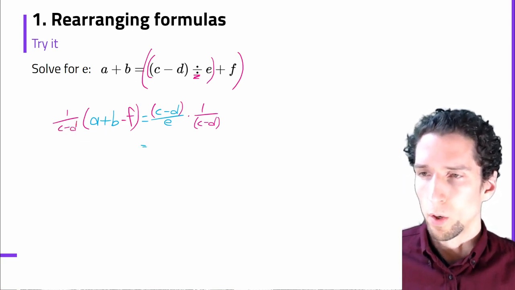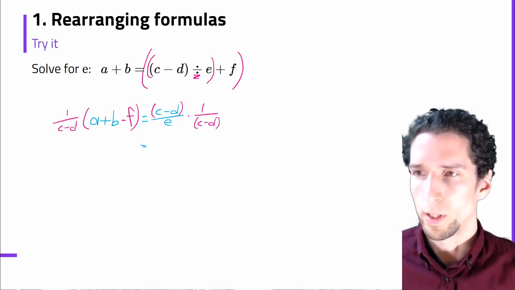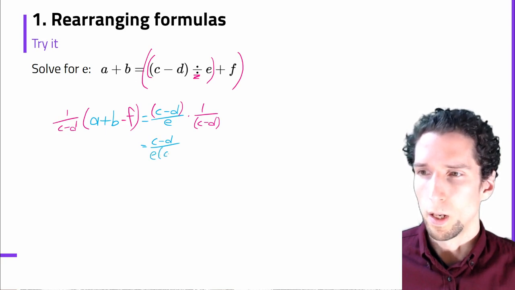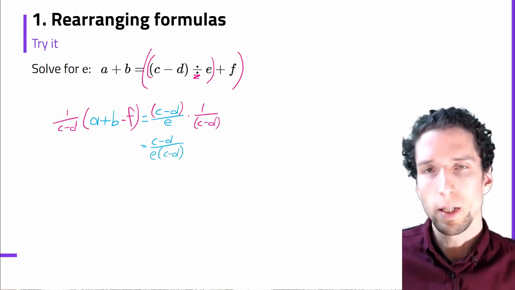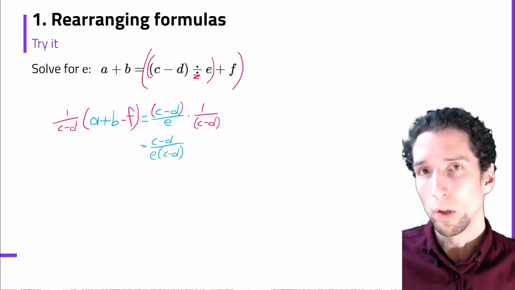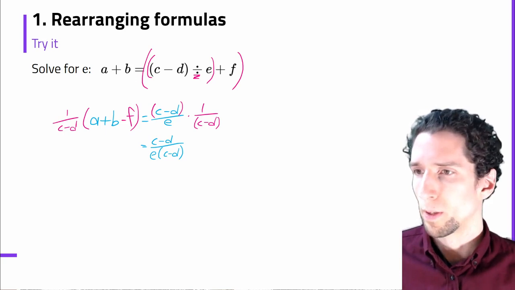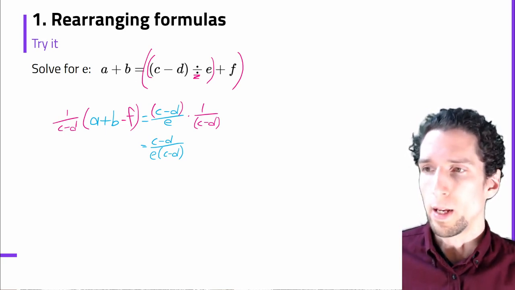Okay, so then on the right side, just to convince you that yes, this does actually work: c minus d on the top here, and on the bottom e times c minus d. And then we have c minus d on the top and the bottom. So again, just look at them as a unit. Together, they cancel each other out. It doesn't matter what c and d are.